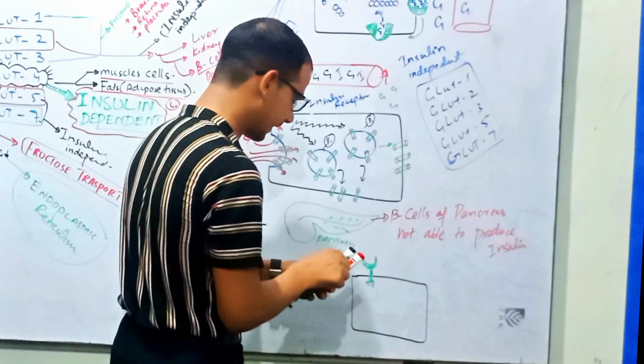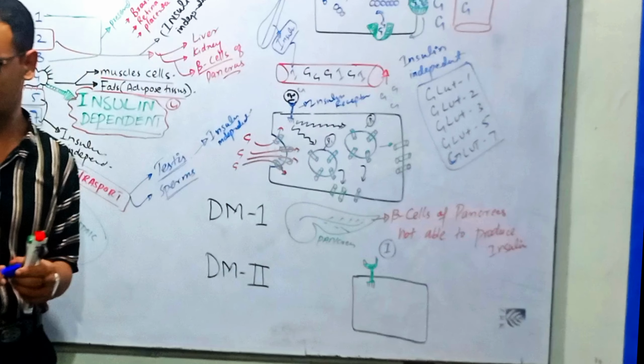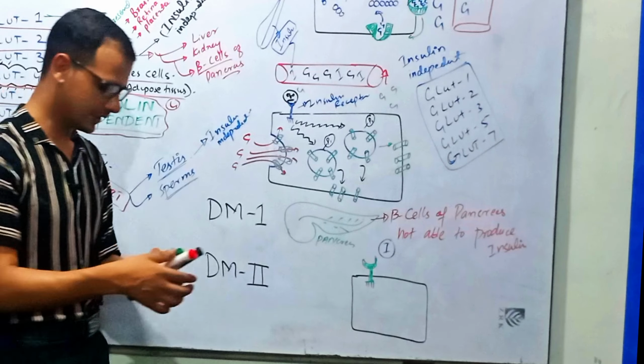Insulin is produced by the pancreas, enough insulin is present, but here there is some resistance. For example, antibodies are produced against this receptor, and this receptor is blocked. Insulin cannot bind to these insulin receptors, so the GLUT4 receptor will not be able to take glucose from outside to inside. This condition is called diabetes mellitus 2.